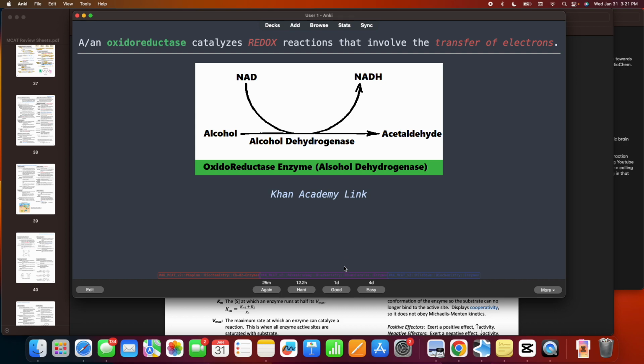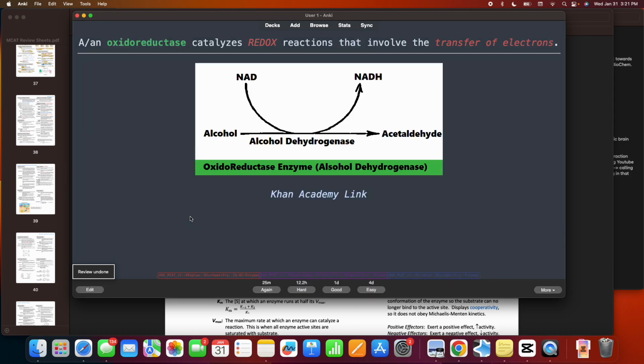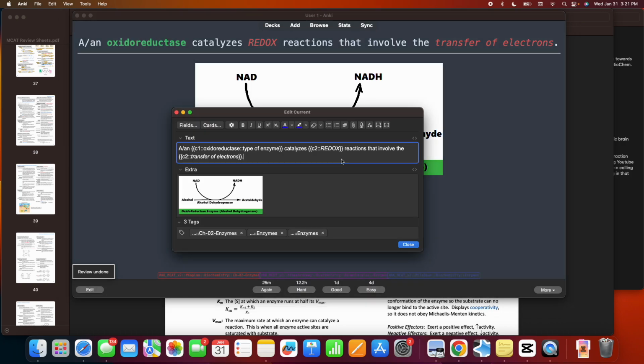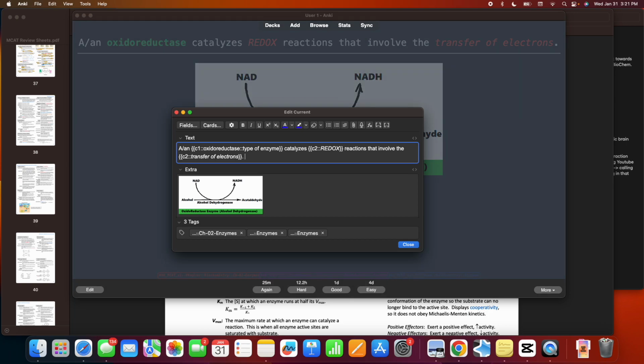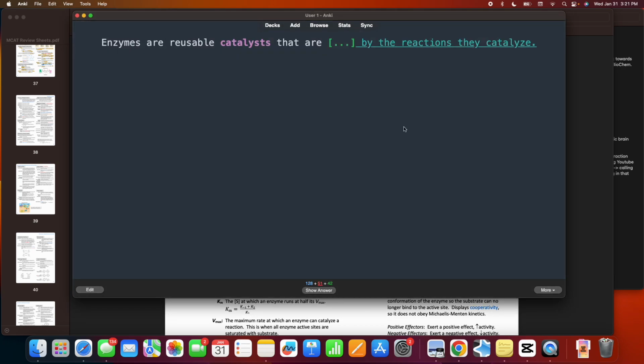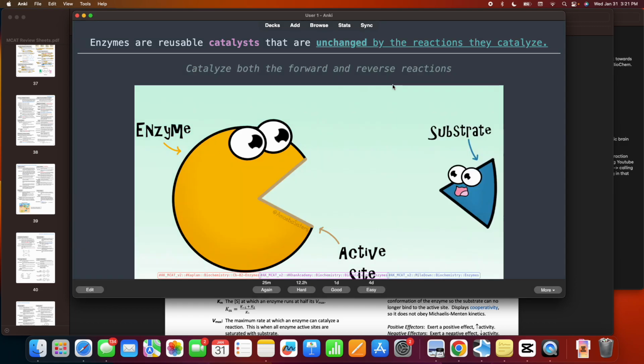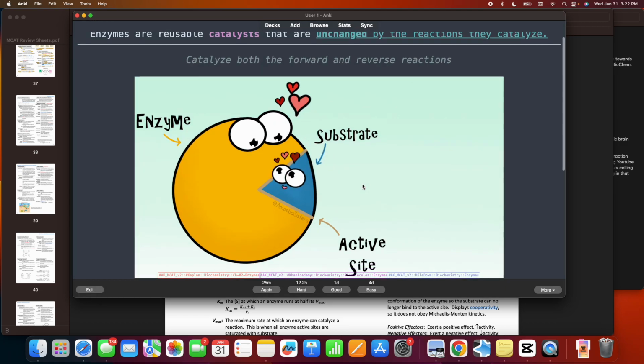Okay, let me go back and write one example. Enzymes are reusable catalysts that are not changed by the reactions they catalyze. They are unchanged and catalyze both the forward and reverse reactions.